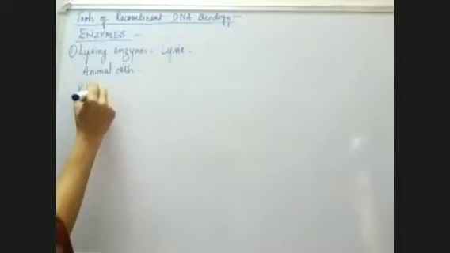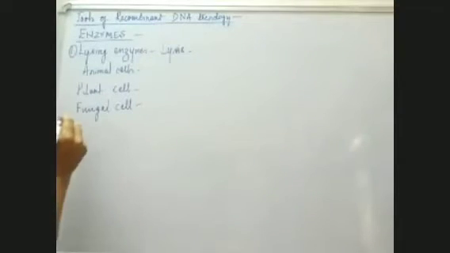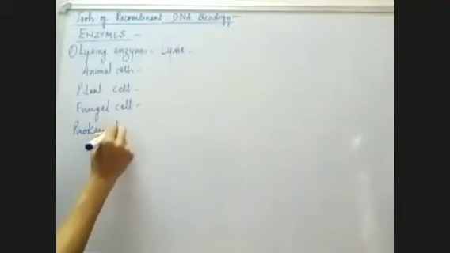It can be a plant cell, it can be a fungal cell, a cell of a fungus from where we can obtain the gene, or it can be a prokaryotic cell. That means bacteria. So the desired gene can be obtained from an animal cell, a plant cell, a fungal cell, or a prokaryotic cell.